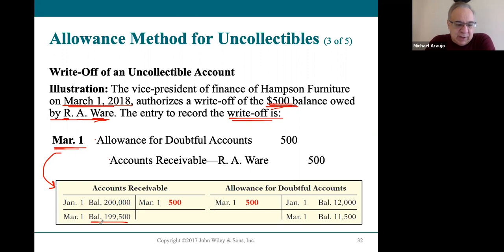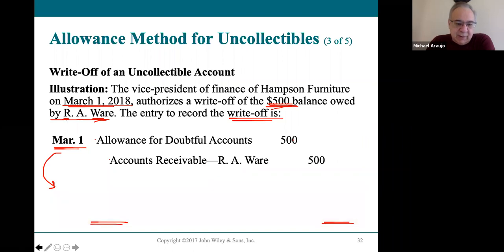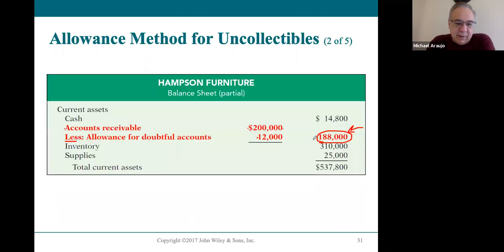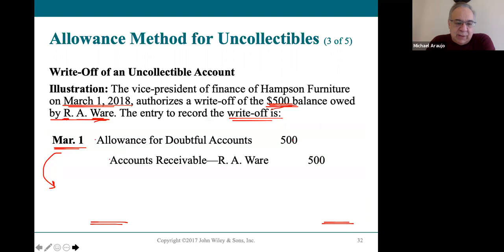So the balance in receivables is $199,500, but they took that $500 out of the allowance account, so the allowance account is now down to $11,500. The difference between these two numbers is still $188,000. It's still the exact amount shown here on the balance sheet. And that's one of the benefits of this system.